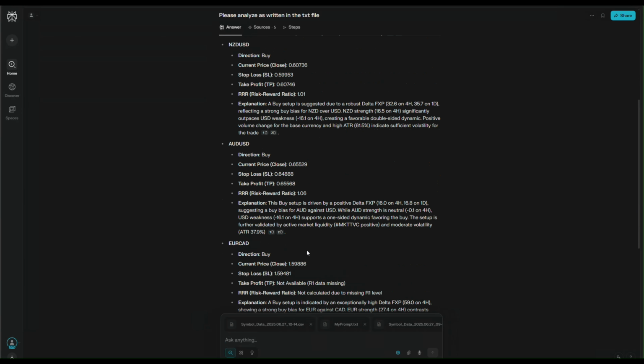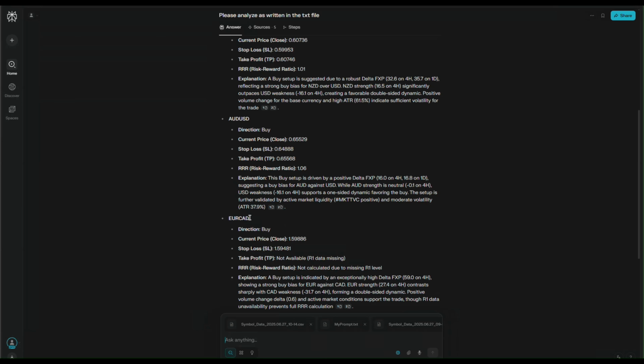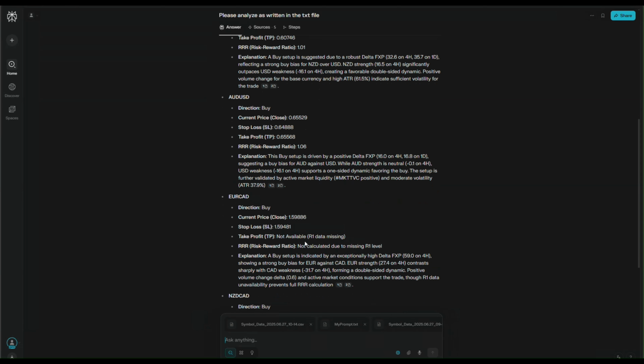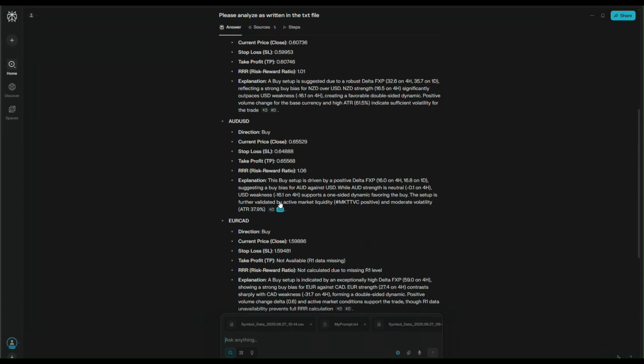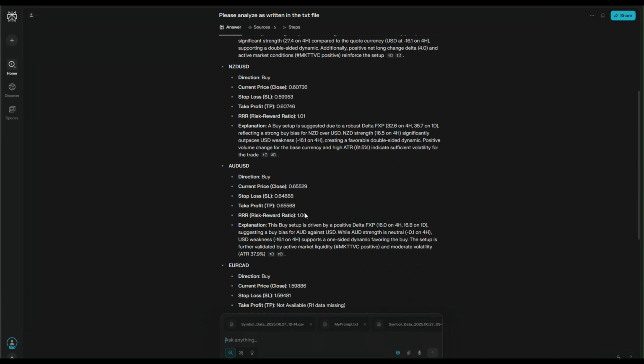It's all close to 1, but it's okay. Here the R1 data is missing, and so it couldn't be calculated. But Euro Canadian dollar buy is a good one, because these pairs, Euro Canadian dollar and Euro USD, are pretty well correlated due to the correlation of the US dollar and the Canadian dollar, and so you can trade it in the same direction. The same is true for the New Zealand dollar Canadian and New Zealand dollar US dollar.